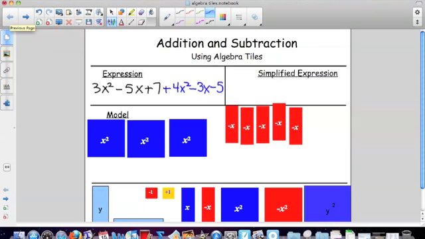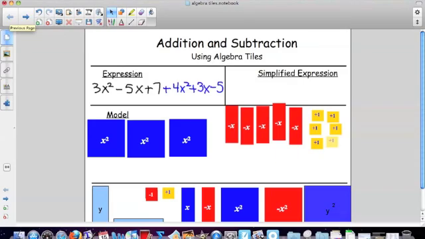And let's fix this a little bit, make that positive. I have a positive 7, so that's going to require 1, 2, 3, 4, 5, 6, 7 unit cubes. I feel like I'm on Sesame Street. So does that look right?